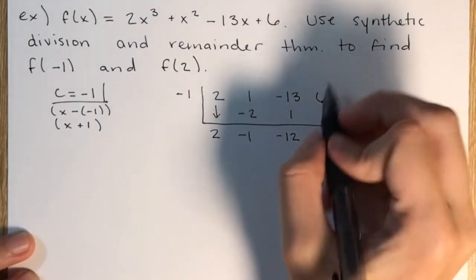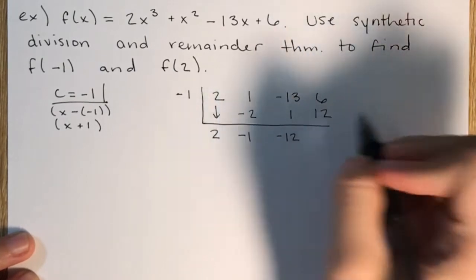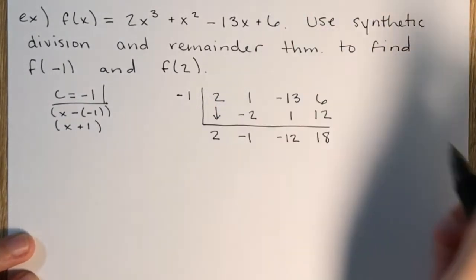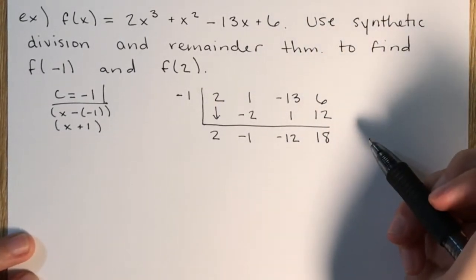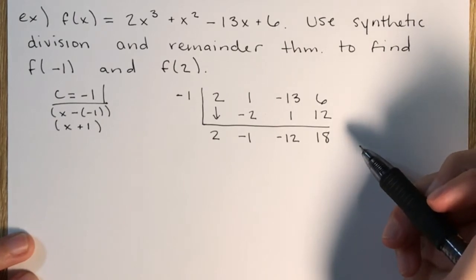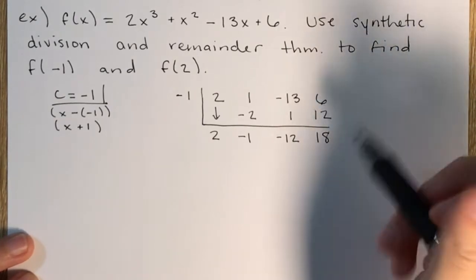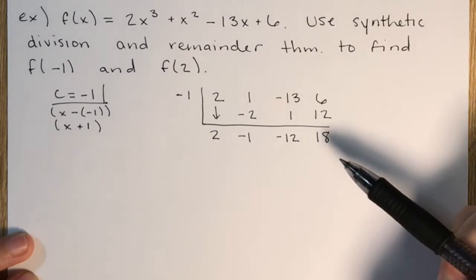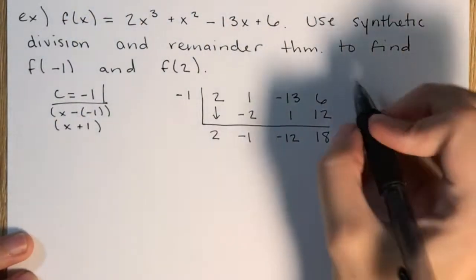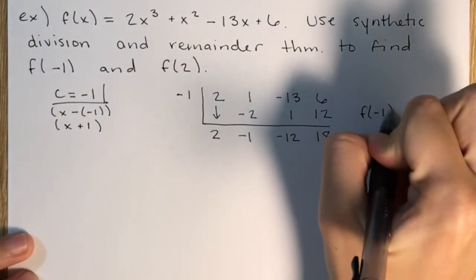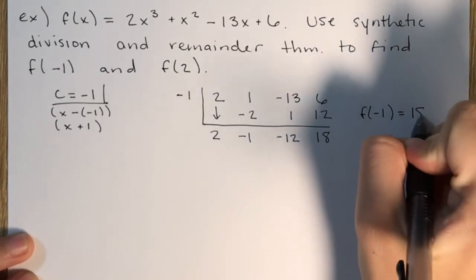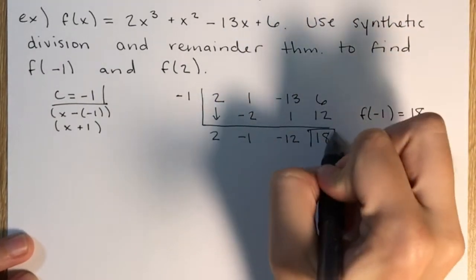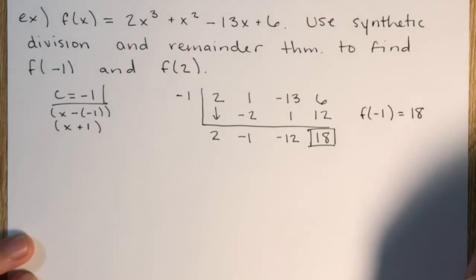Negative 12 times negative 1 is positive 12, and 6 plus 12 is 18. So, what does this tell us? Well, remainder theorem tells us that f of c, or f of negative 1, is equal to 18, the remainder.